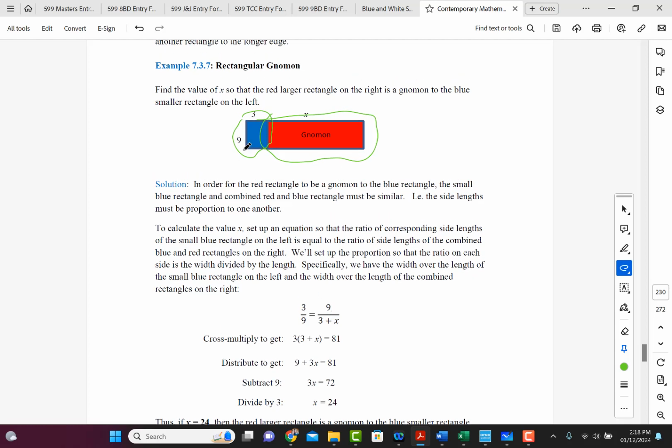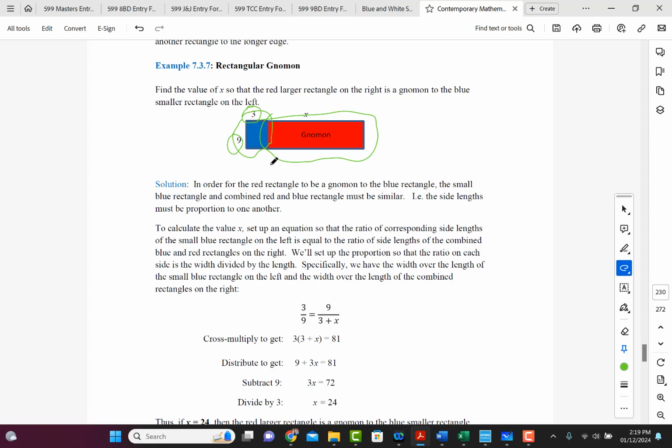Hold on a second. Oh, I see what they did. So here, they attach it to this end here, but this length here is longer than this side. So even though they're attaching to this side, we want to correspond the longer side to the longer side of the smaller rectangle. So that's where I made my mistake.